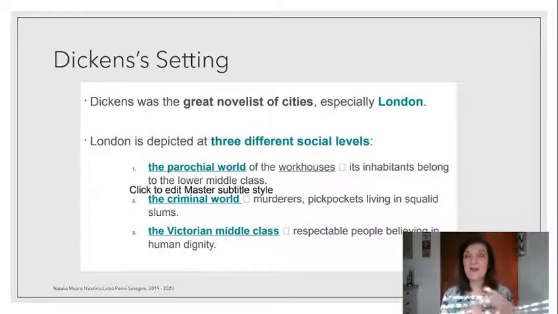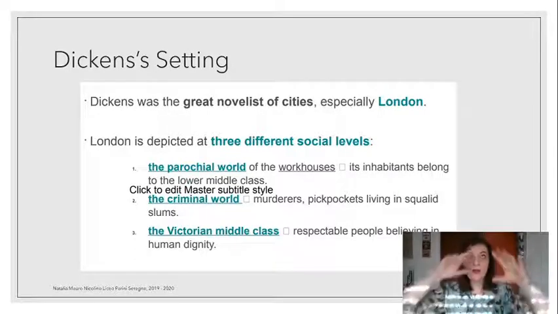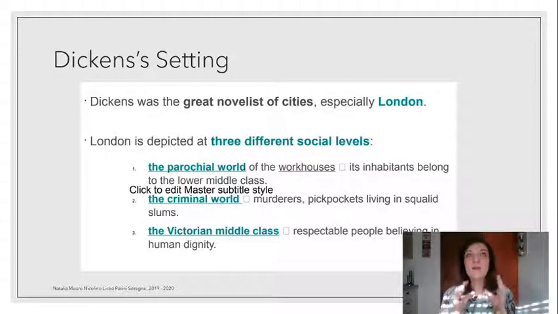He usually describes the cities, and most of all London, focusing on three different social levels. At the top is the social level that includes the Victorian middle class.